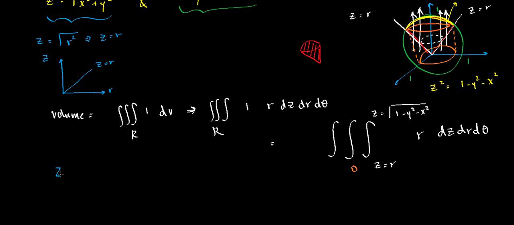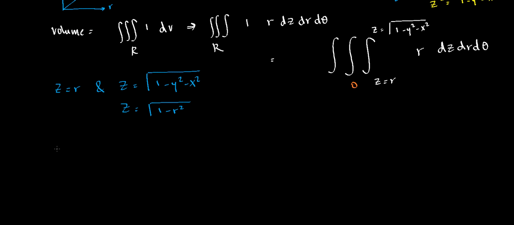So we have the surface z equal to r, and z is equal to the square root of 1 minus y squared minus x squared. So I can rewrite this, z is equal to the square root of 1 minus r squared. So r is equal to the square root of 1 minus r squared.